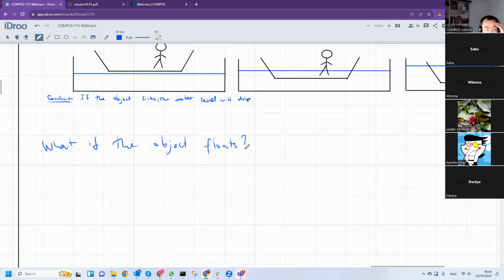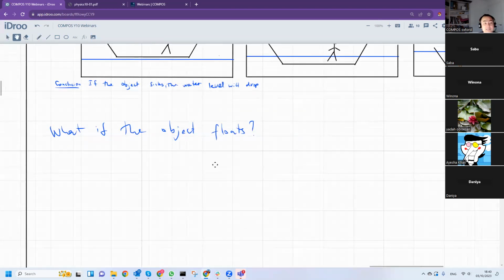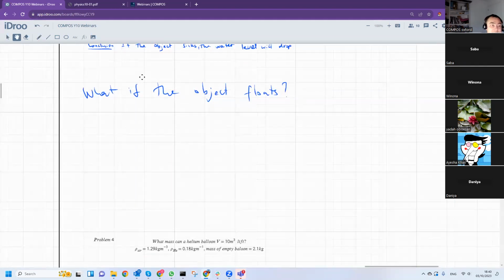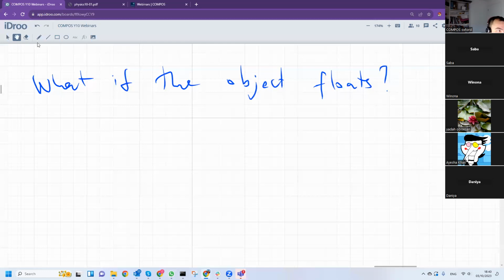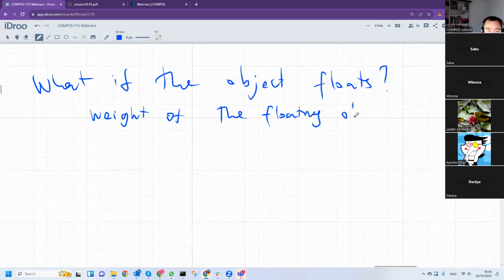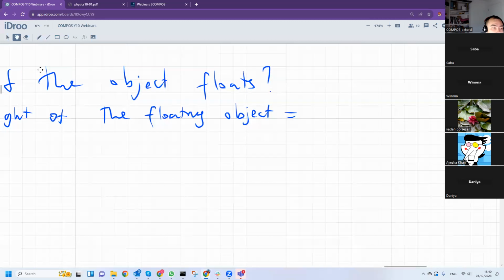Well, here we need to understand that the weight of the floating object is equal to the weight of the displaced water.